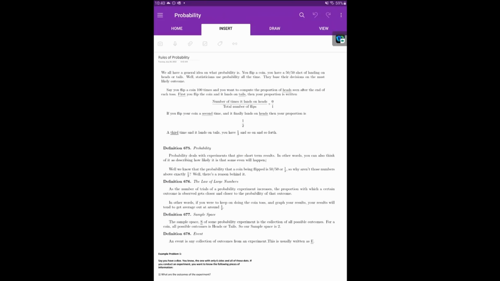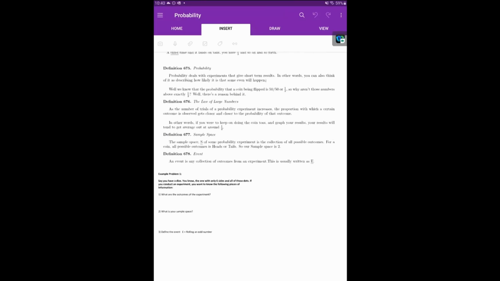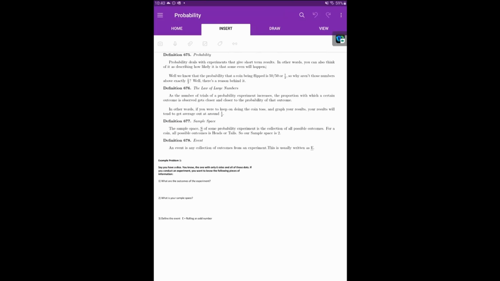Probability deals with experiments that give us short-term, quick results. In other words, you can think of it as how likely it is for something to happen. Now, the law of large numbers basically says that as the number of trials, or the number of flips of that coin, increases, the proportion with which a certain outcome is observed gets closer and closer to the probability of the outcome.